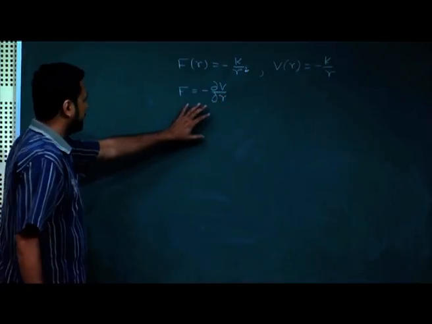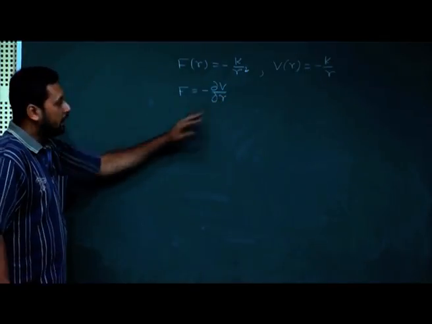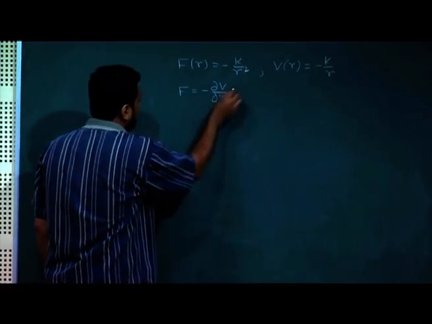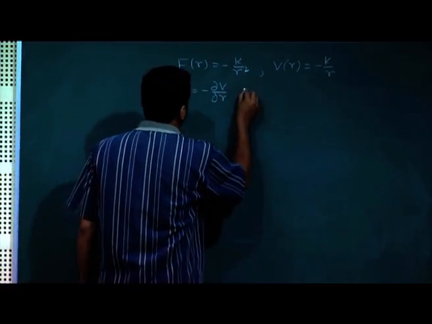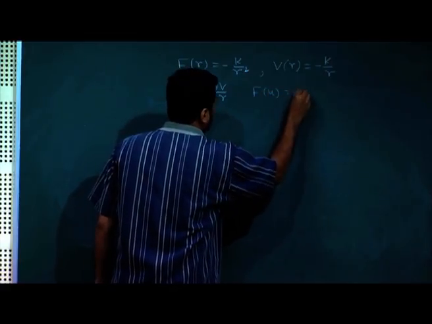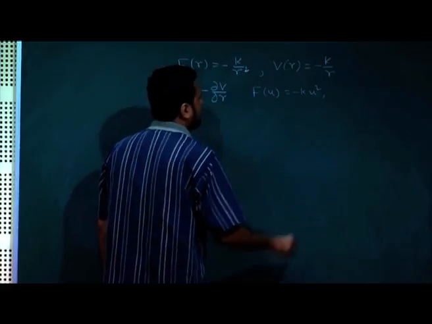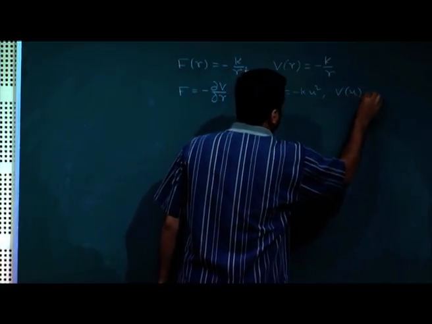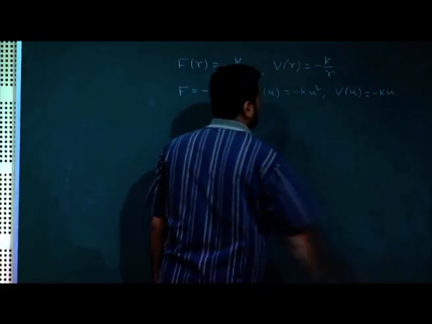This equation is valid, and we can very well write the same in terms of u, so that F of u equal to minus k u square, V of u equal to minus k u.